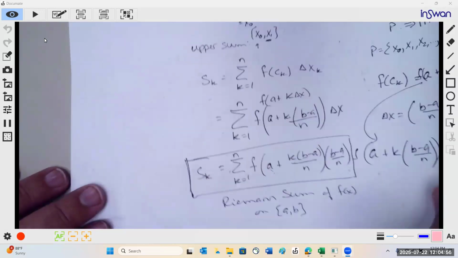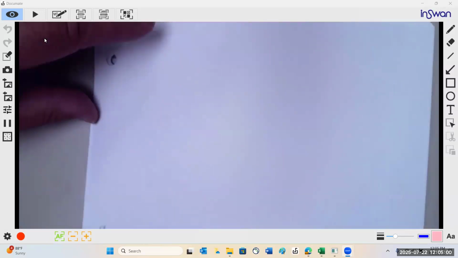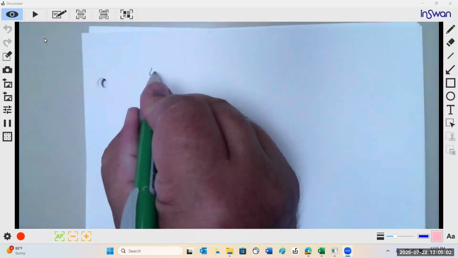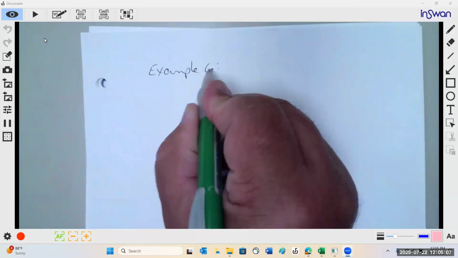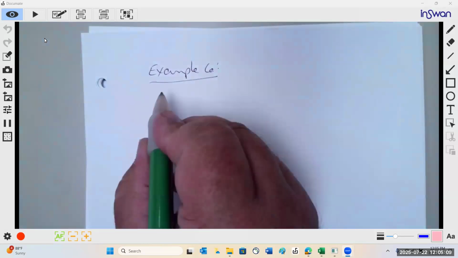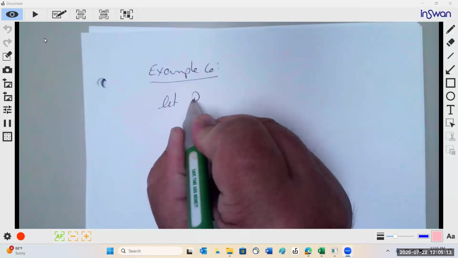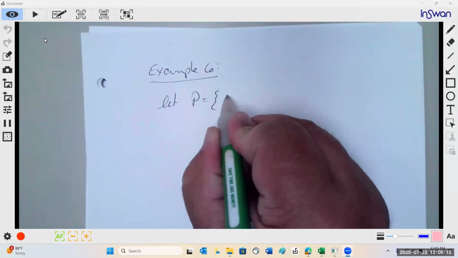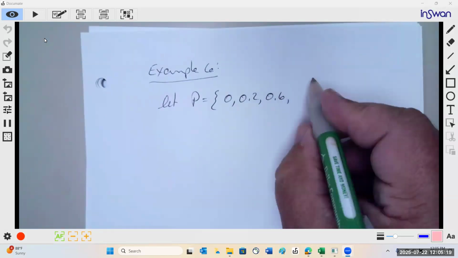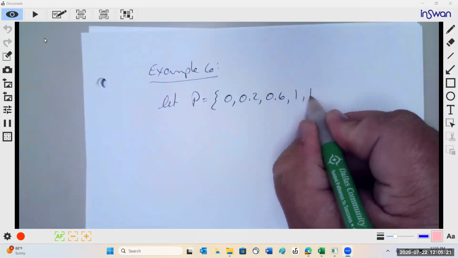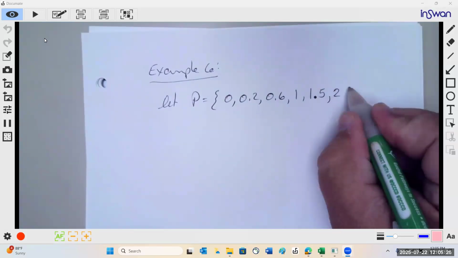Let's look at an example. Example 6. Let P equal 0, 0.2, 0.6, 1, 1.5, and 2.